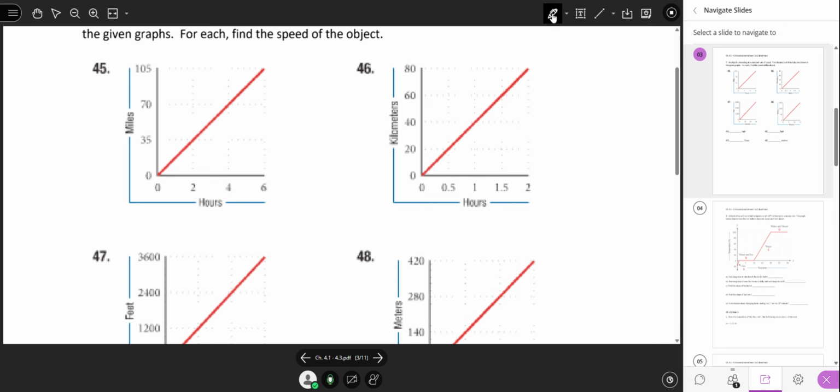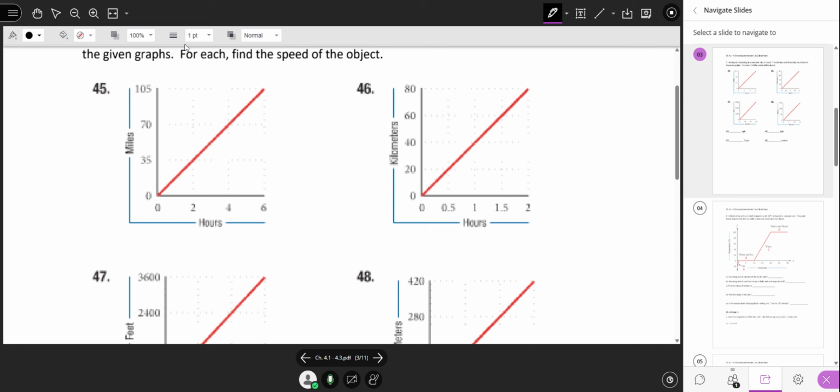Okay? Your y divided by your x. So, y divided by x. So 35 divided by 2.